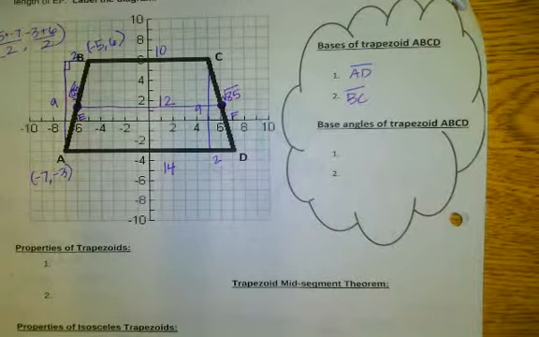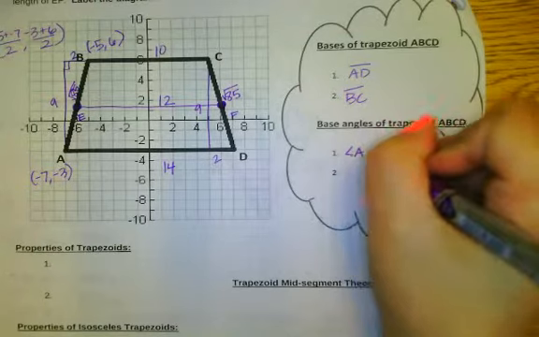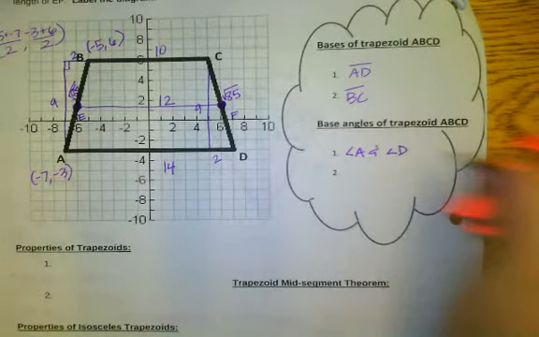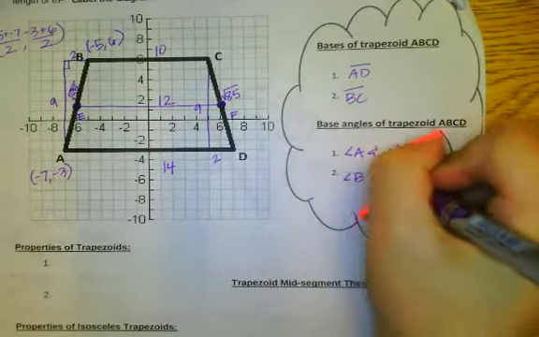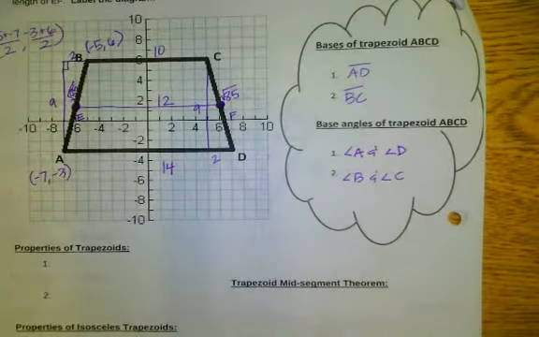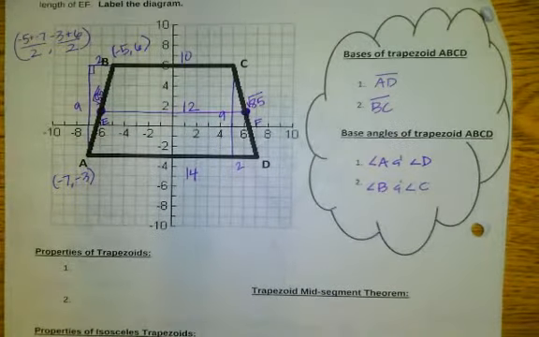Okay, base angles of trapezoid ABCD. What are the base angles? You have angle A and angle D. And what are the other base angles? Angle B and angle C. Okay, so that's just a little bit of review.